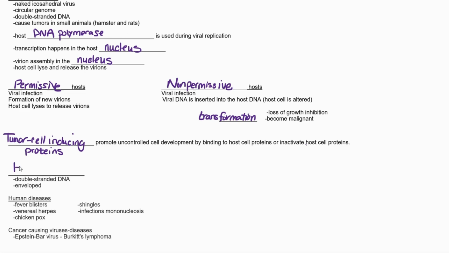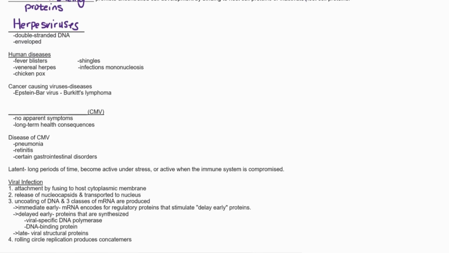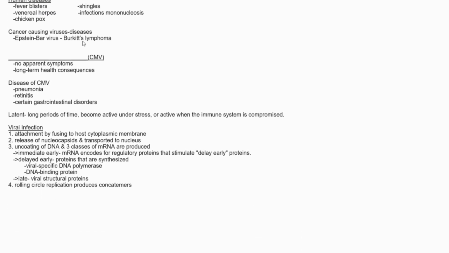A herpes virus will be our next topic. They have double-stranded DNA and they are enveloped. The human diseases associated with herpes virus are fever blisters, venereal herpes, chickenpox, shingles, and infectious mononucleosis. Cancer-causing virus diseases: Epstein-Barr virus, Burkitt's lymphoma.